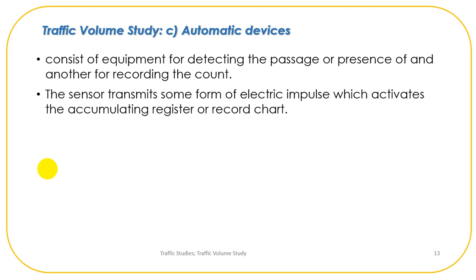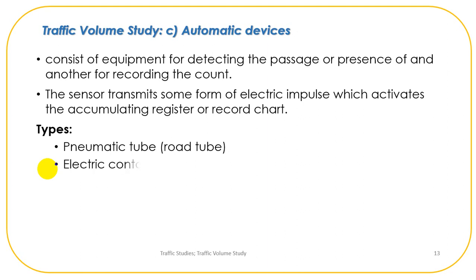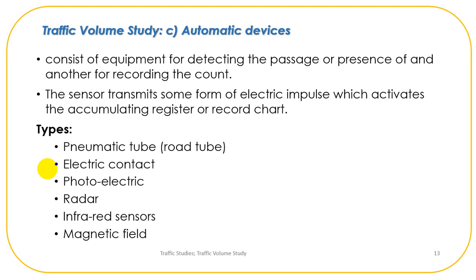The sensor transmits some form of electric impulses which activates the accumulating register or record chart. And types of automatic devices are pneumatic tubes, that is rod tube, electric contact, photoelectric, radar, infrared sensors, magnetic field.